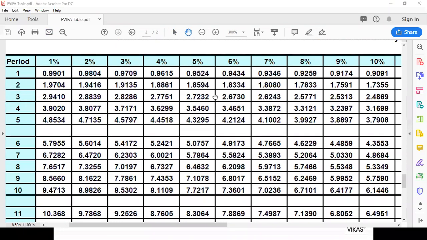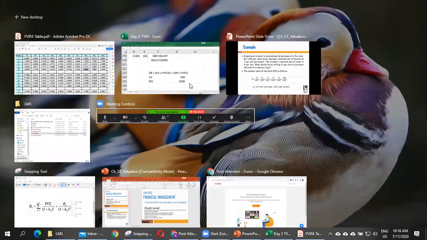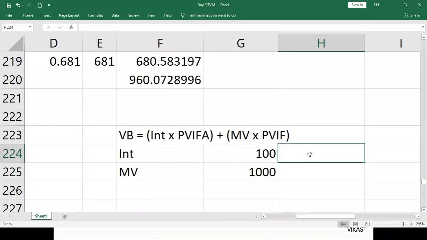So we have to find year 5 at 8%. The discounting factor is 8%, so we simply take this value, which is the interest factor.